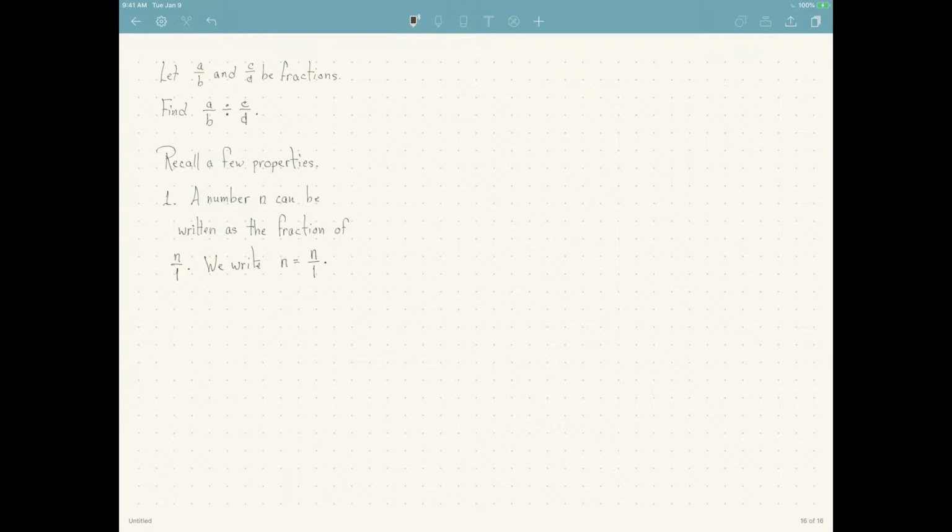You've probably done this before. For example, if you were given the number 6, you could write that as the fraction 6 over 1. Okay, that's our first thing. And I should have put in here, this holds true except for n equals 0.